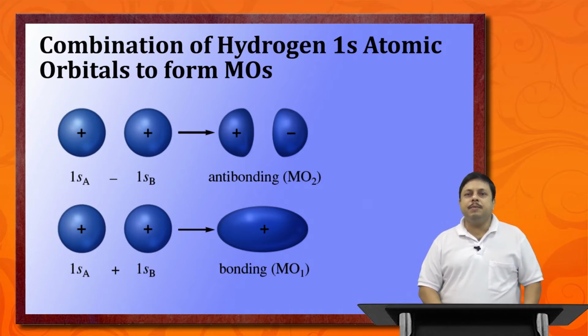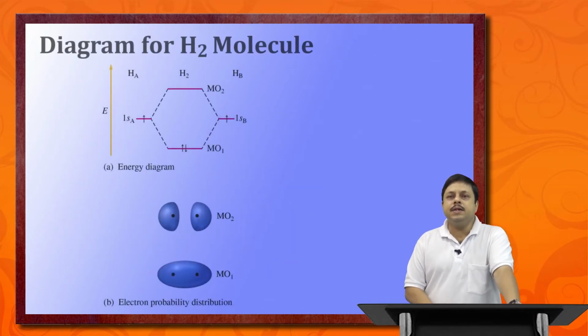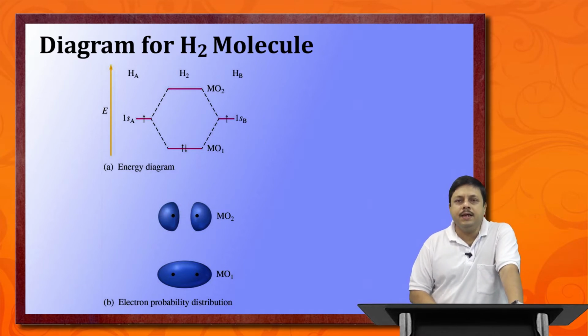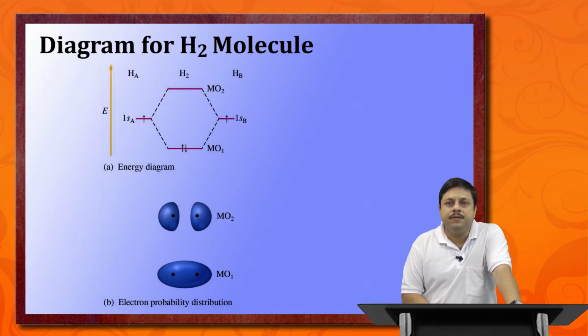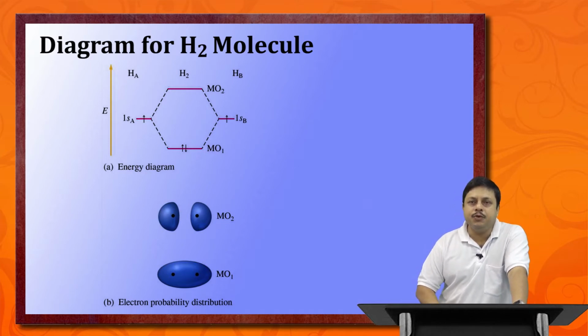So what about the energetics? As I have just said, this has a definite energetic structure. This is the diagram for the hydrogen molecule. The vertical axis over here gives you an idea of the relative energies of the bonding, that means MO1, and MO2, the antibonding molecular orbitals.